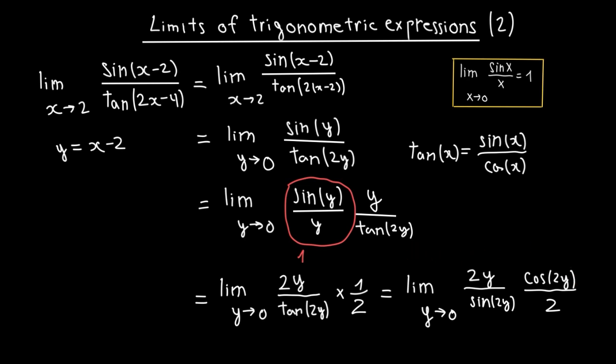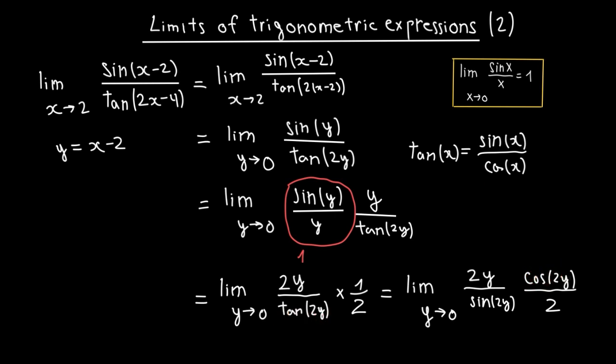Well, all I did here was essentially substitute tangent of 2y with sine of 2y and cosine of 2y. Remember that here we're dividing by tangent of 2y, and therefore, since tangent is inversely related to cosine, we multiply by cosine of 2y here.